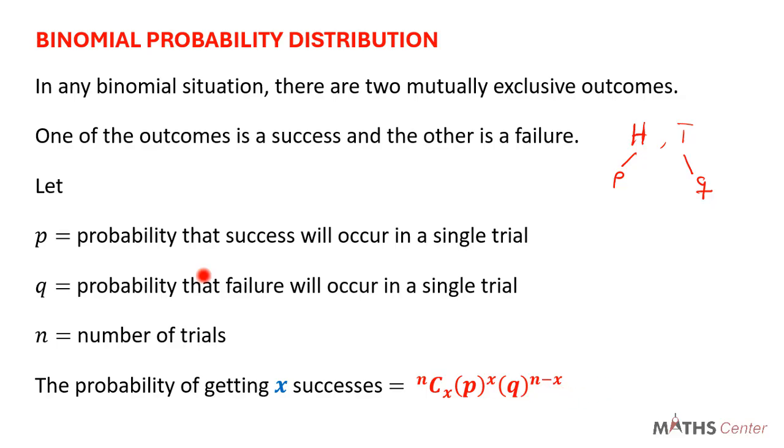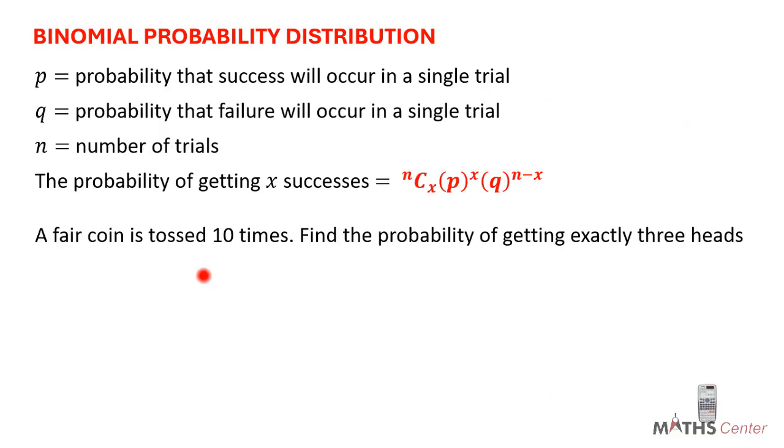Let's apply this to a binomial situation. That will throw more light on this. Let's say that we have a fair coin and the coin is tossed 10 times. So you have a fair coin that is tossed 10 times and we want to find the probability of getting exactly 3 heads.